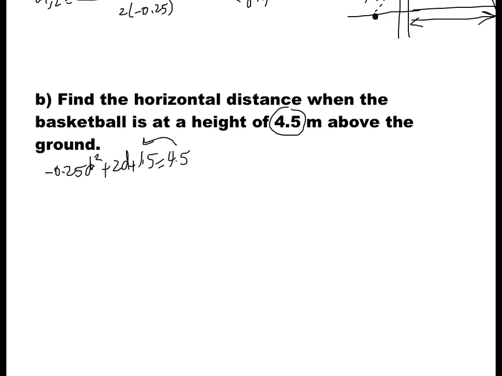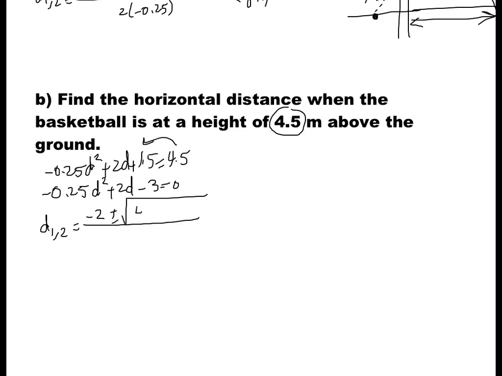I move this to the left and change the sign, so I get negative 0.25 d squared plus 2d minus 3 equals 0. Again, I use the quadratic formula. I get negative 2, which is negative b, plus or minus the square root of b squared, which is 2 squared, 4, minus 4ac, with a negative 0.25 and c negative 3, divided by 2a, which is negative 0.5.